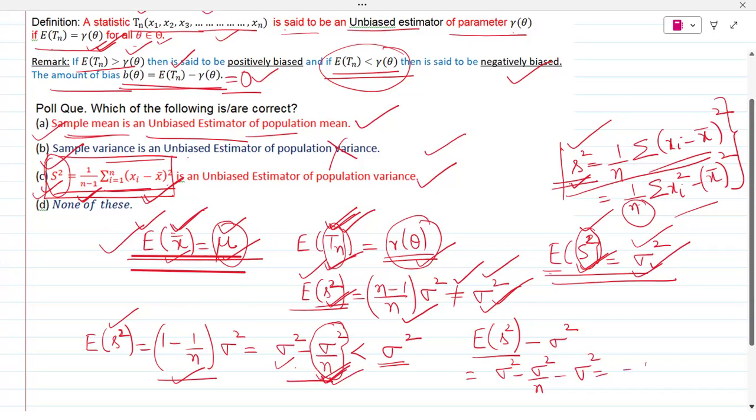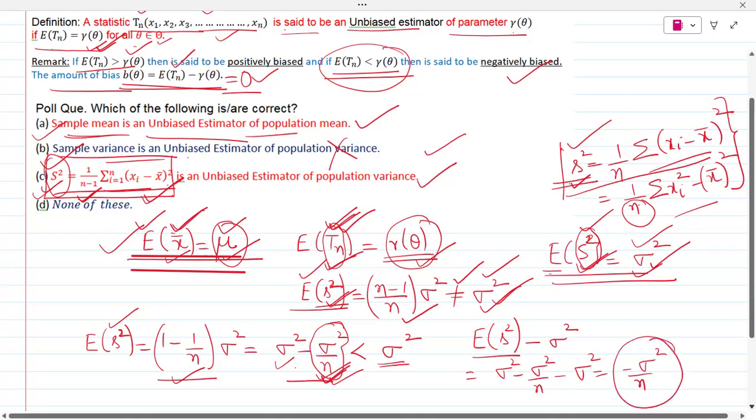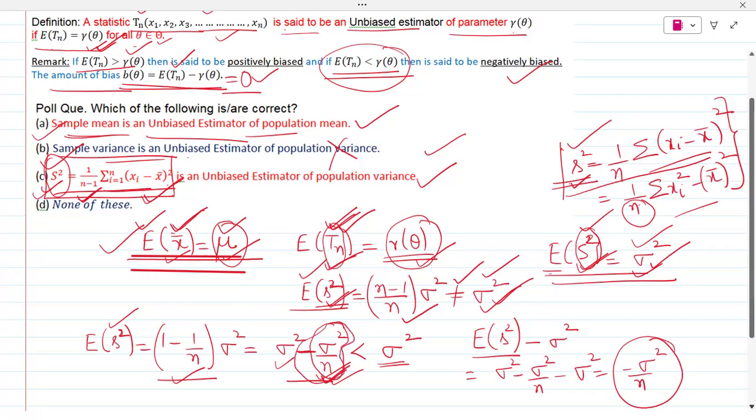So this is nothing but minus sigma square by n. Earlier I missed this negative. So actually this whole thing, minus sigma square by n, is the bias in the sample variance.